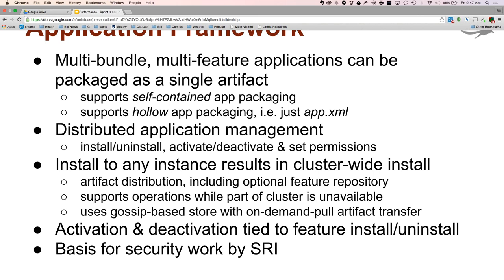So what is this application framework? It basically elevates the notion of an application from the mere application ID, which is what we had with release 1.0. The only notion of the application there was just an application ID, an identifier.